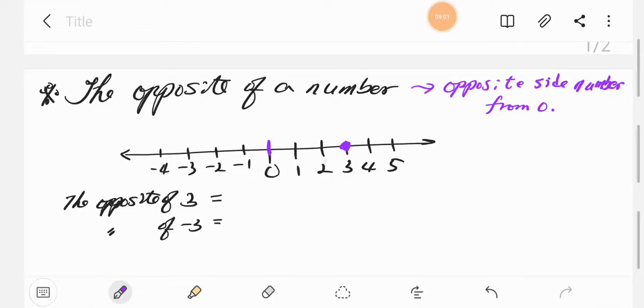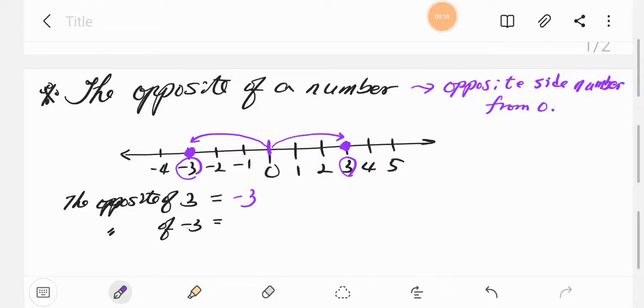Since you are 3 units away from 0 to the right, you move 3 units to the left from 0. So the opposite of 3 is negative 3.